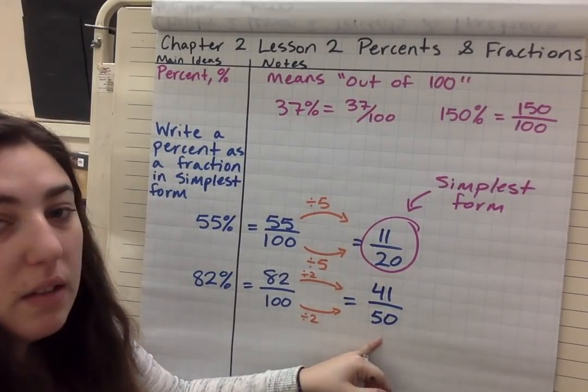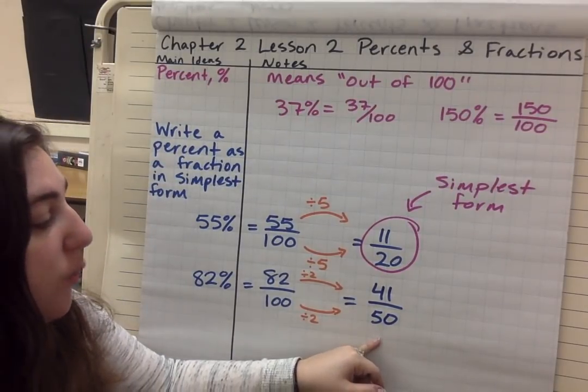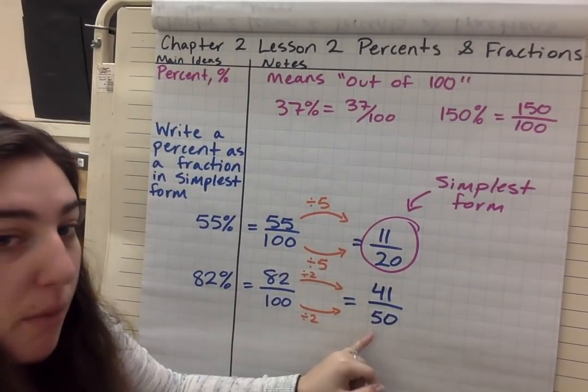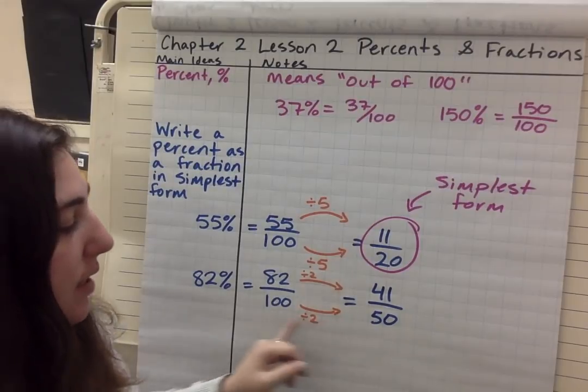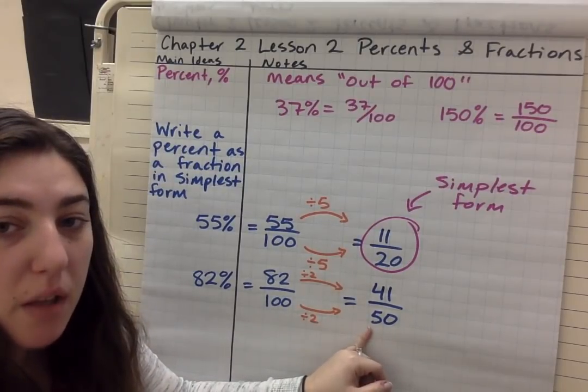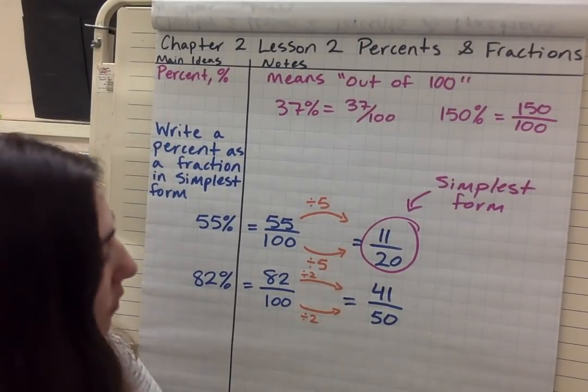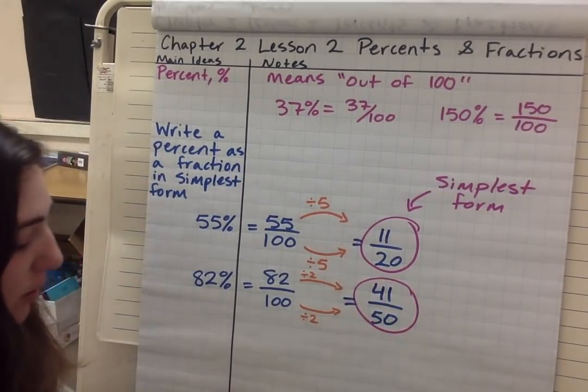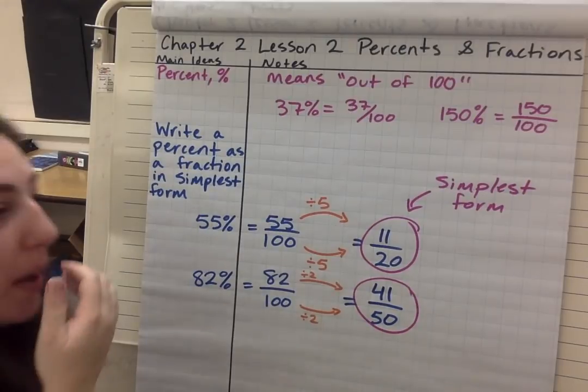So this is the simplest form of this fraction. You can't make it any smaller. Remember, these fractions, they're the exact same. This one is just smaller, okay? I'm going to circle that so we know that's the simplest form.